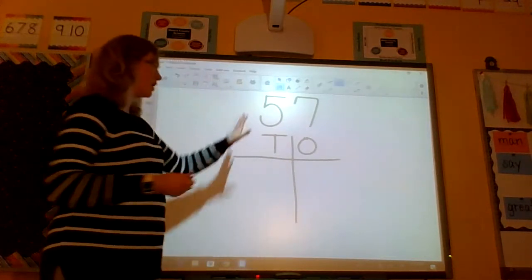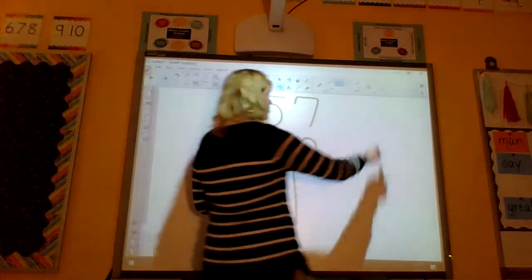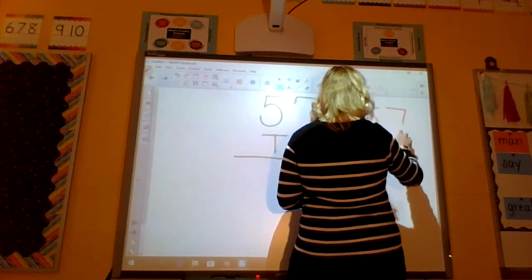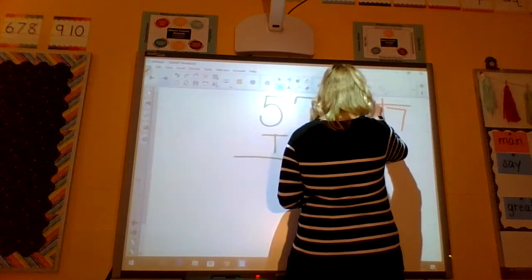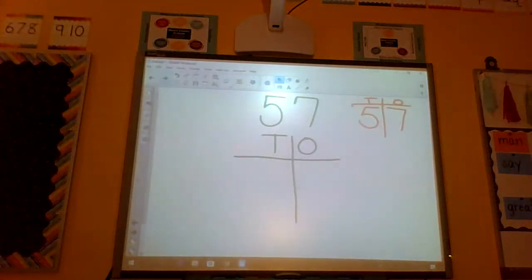Now, you're going to draw out the tens and ones. Don't forget, you can always put your number in a tens and ones chart to help you. That could give you some perspective, some understanding of how many tens am I going to draw and how many ones am I going to draw. Okay?